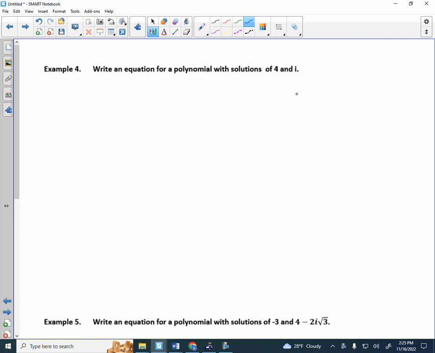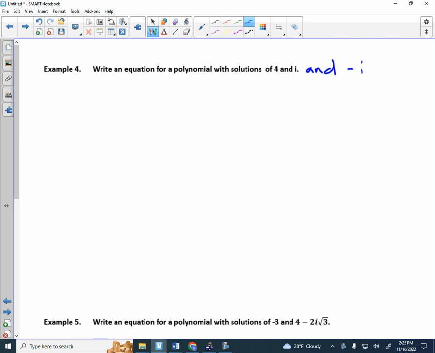True or false? False. There can only be one imaginary solution in this situation. False. Imaginary solutions come in pairs. So therefore, if i is a solution, then what else is a solution? Negative i. Both of them are solutions.